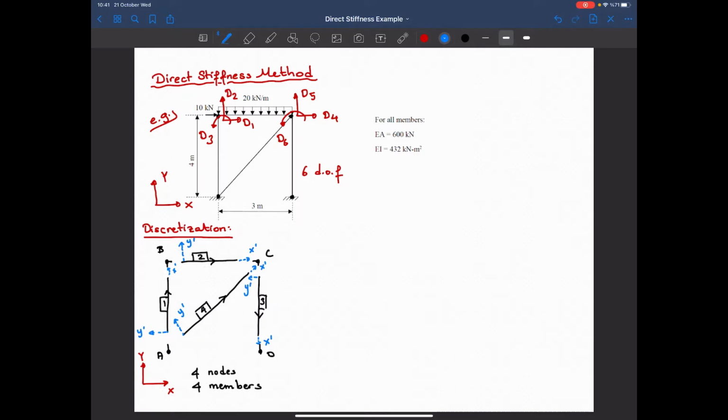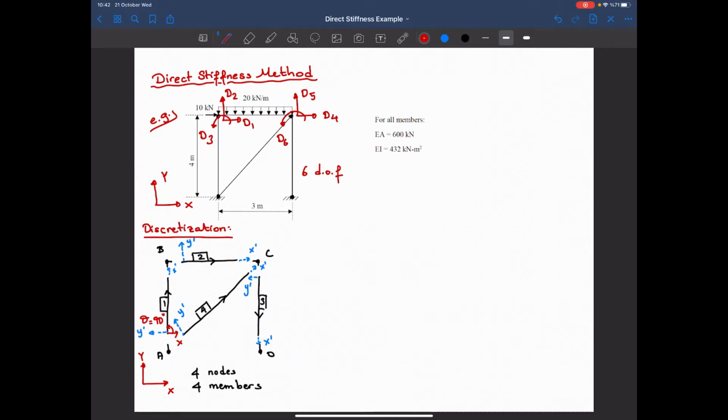Now let's try to determine the rotation angle of every member. Remember that according to our definition, the rotation angle is defined from global X to local X in the counterclockwise direction. So for the first member, that's my global X, and this will be the theta, and that's equal to 90 degrees.